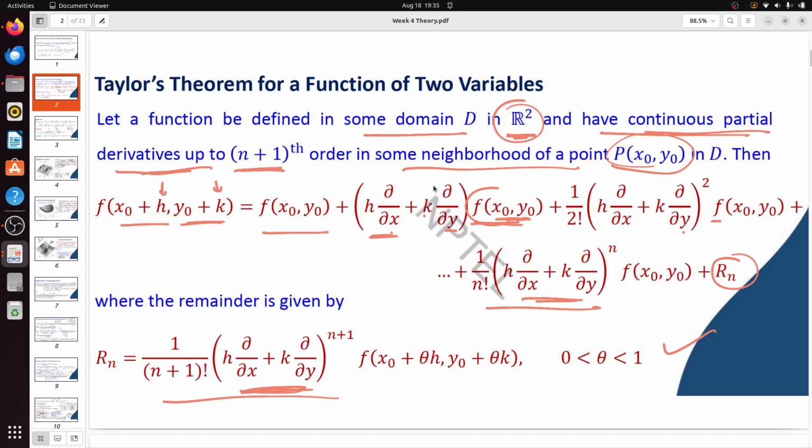Here this sort of notation we can use only when the mixed partial derivatives actually exist and are equal, and that is guaranteed by continuous partial derivatives up to order n plus 1. This is the generalization of Taylor's theorem.